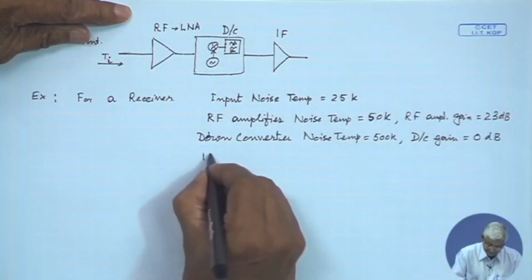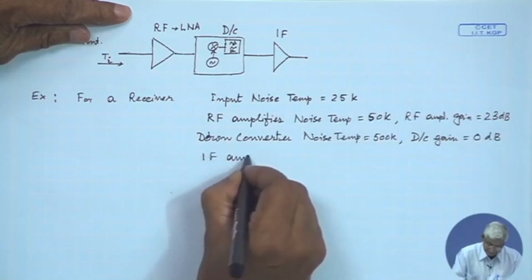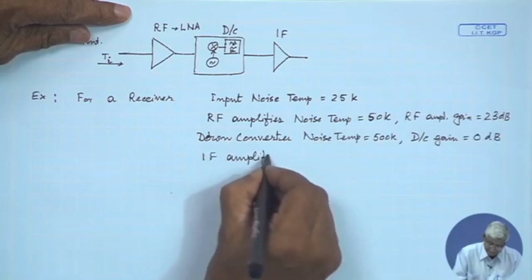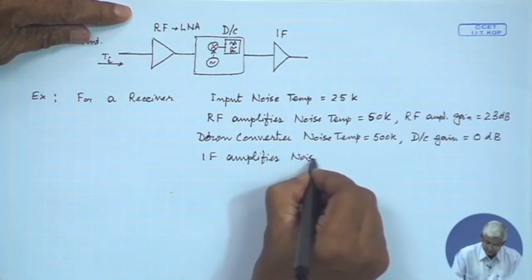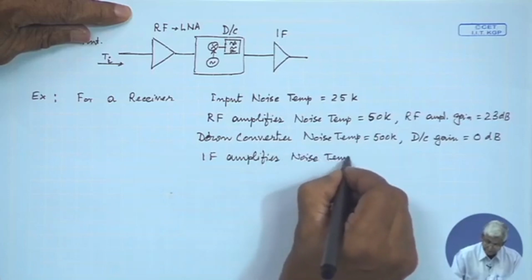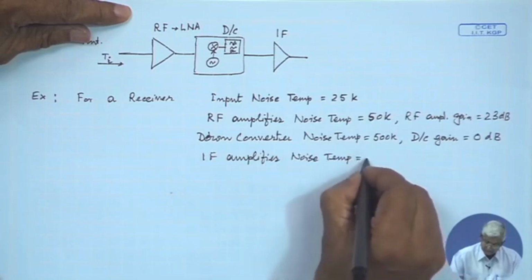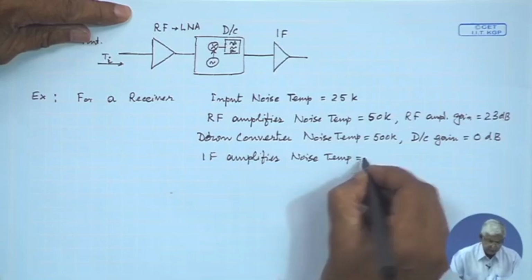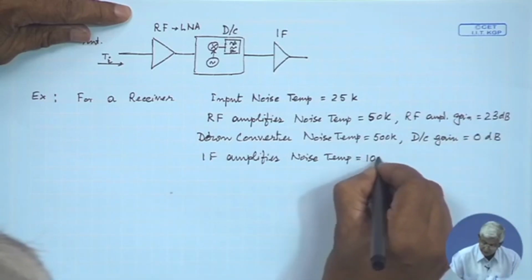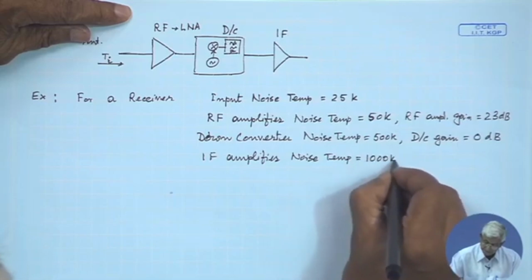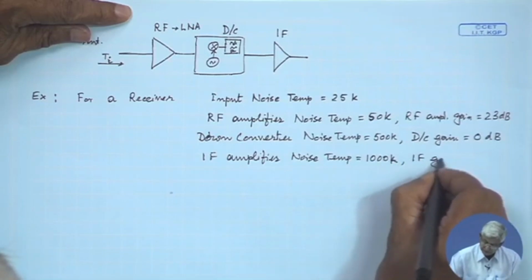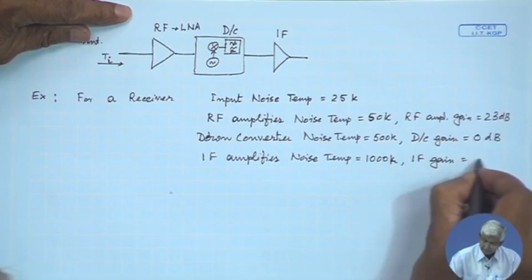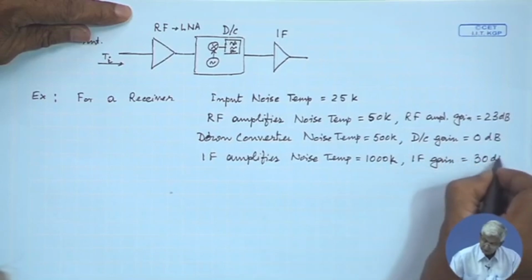And then the IF amplifier noise temperature is, let us make it very loose, 1000 K, and the IF amplifier gain is more, 30 dB.